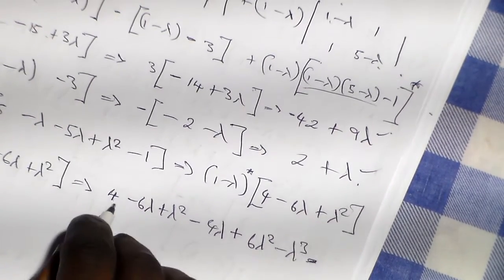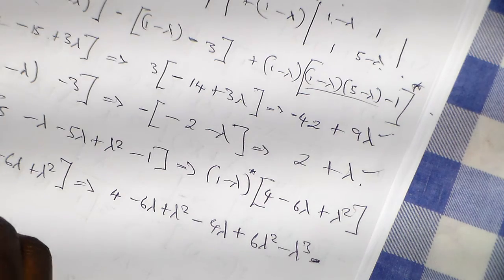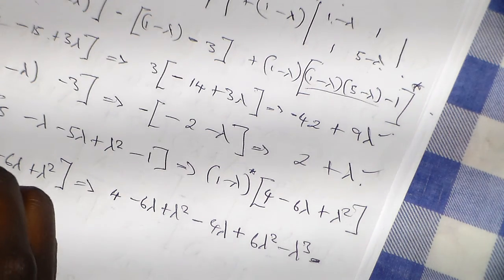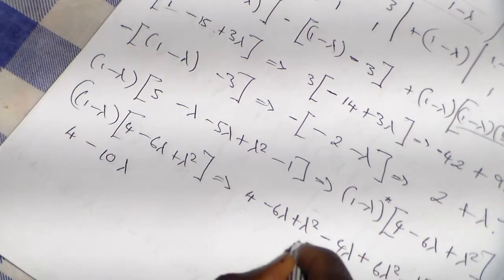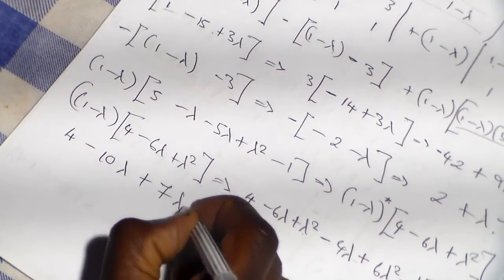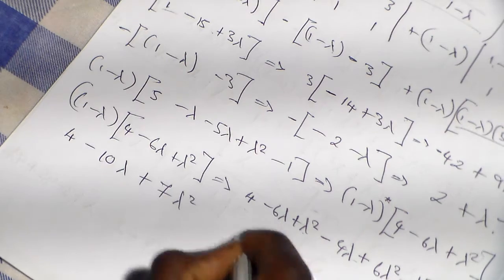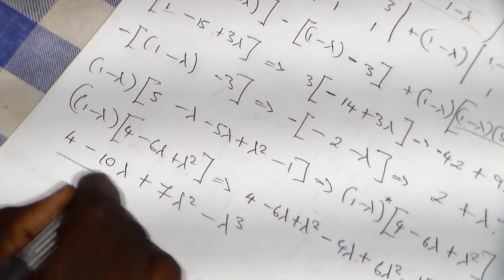Right? If I am to simplify this further, I'm going to get 4 minus 10 lambda plus 7 lambda squared minus lambda cubed, like this.